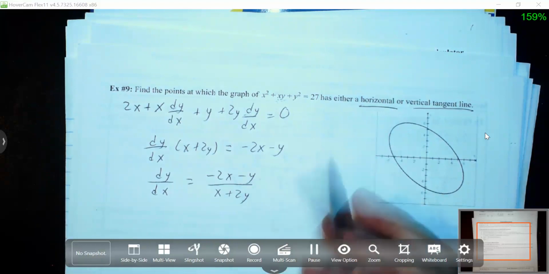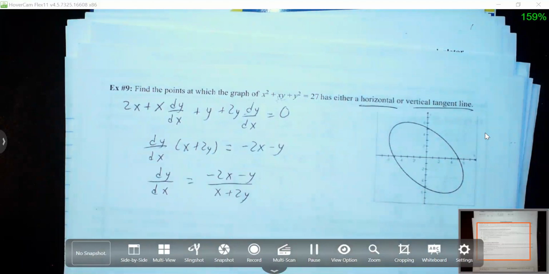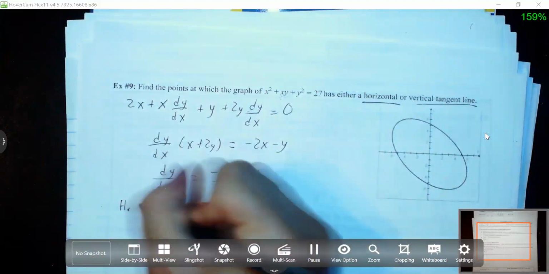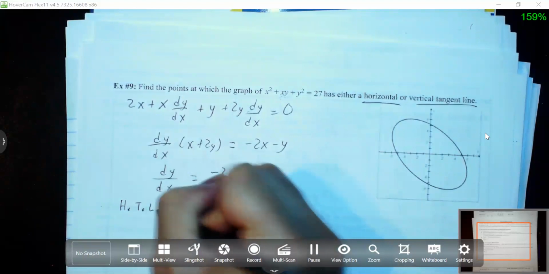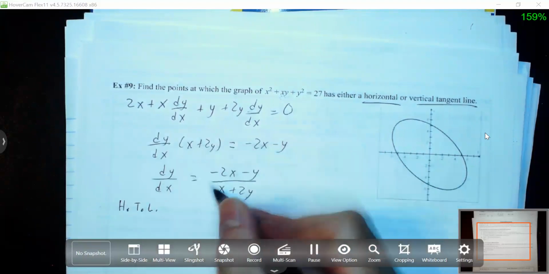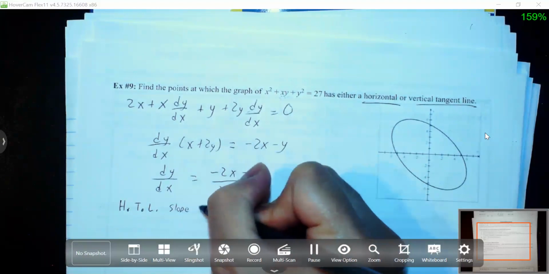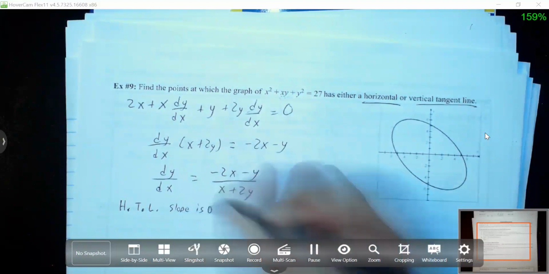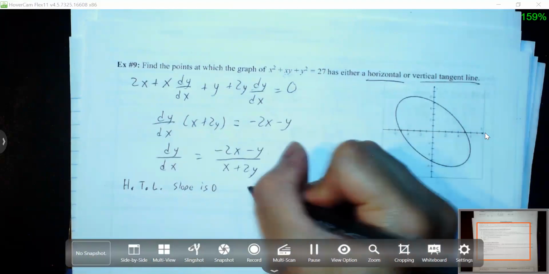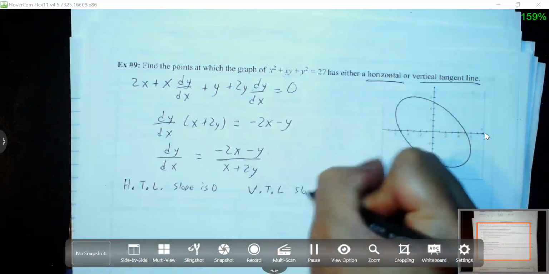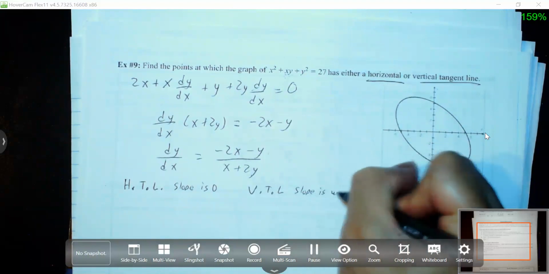And remember, a horizontal tangent, I'm going to abbreviate this as horizontal tangent line. The slope is 0, whereas a vertical tangent line, the slope is undefined.